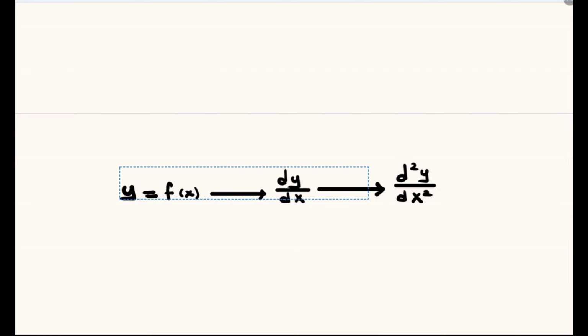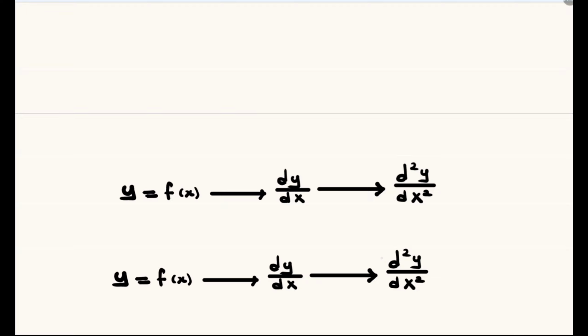Integration is a reverse of differentiation. So if we integrate d squared y over dx squared, we get back dy divided by dx, and if we integrate dy divided by dx, we get back the general solution, the y. Remember, the y is the general solution.